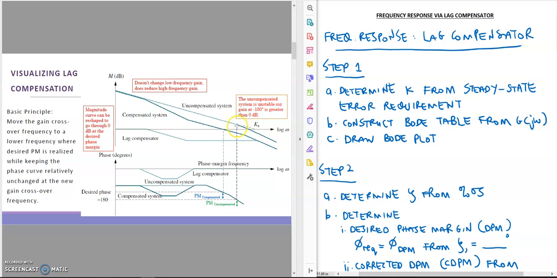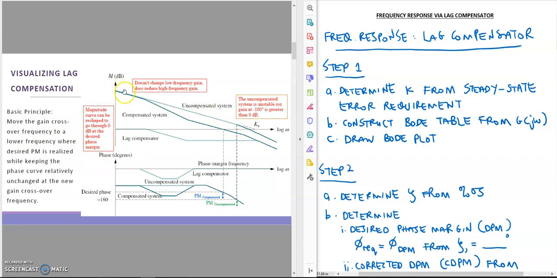For the compensated system at negative 180 degree, this is the compensated phase plot. When you go to the magnitude plot of the compensated system, this LM is positive, so when we calculate the gain margin, it will become a positive gain margin. So the compensated system is stable compared to the uncompensated system, which is unstable.